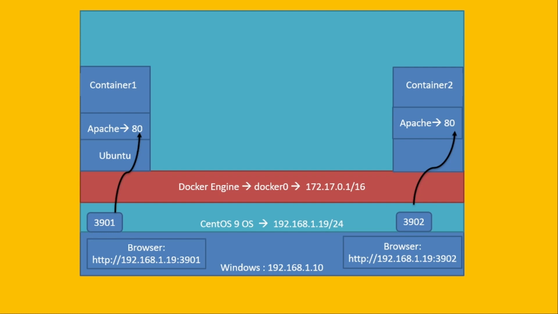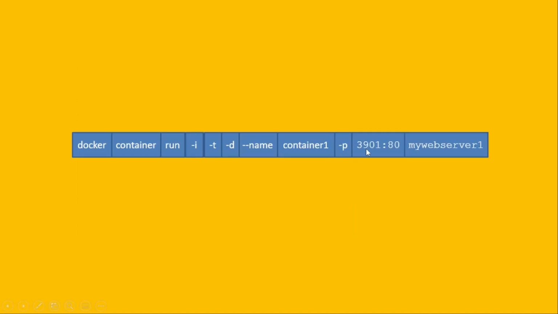So what command can we use to bind this port number? The option is -p 3901 colon 80. Let me explain all the commands. Container is my management command and run is my subcommand.